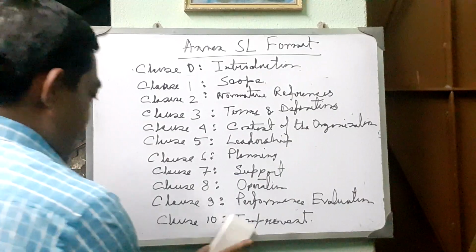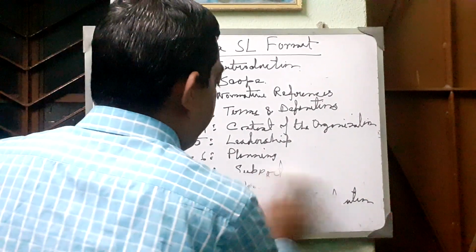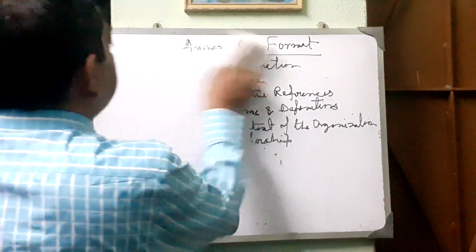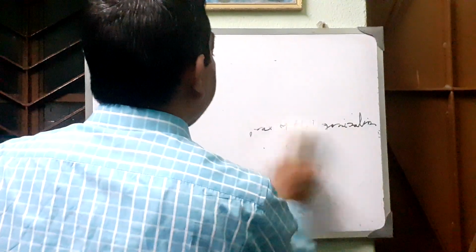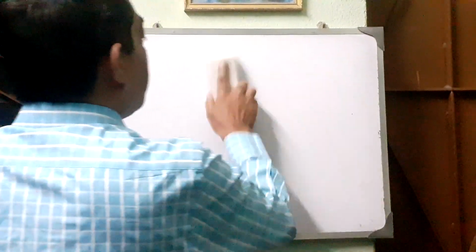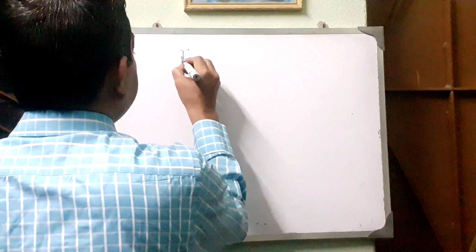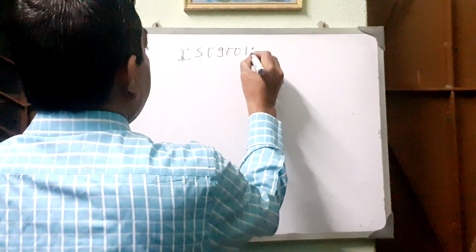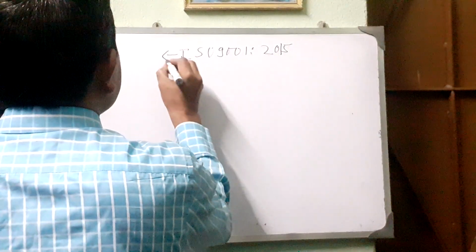Now we come to the ISOs. What different ISOs are implemented in your organization, and who will be responsible for the implementation of each ISO? ISO 9001:2015, who will be responsible?